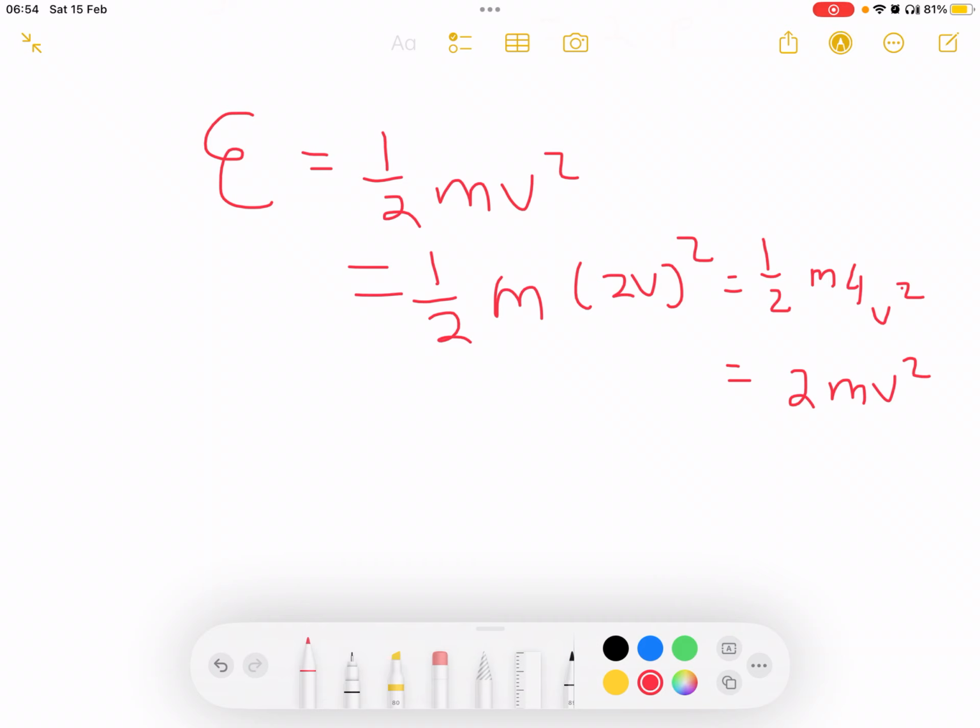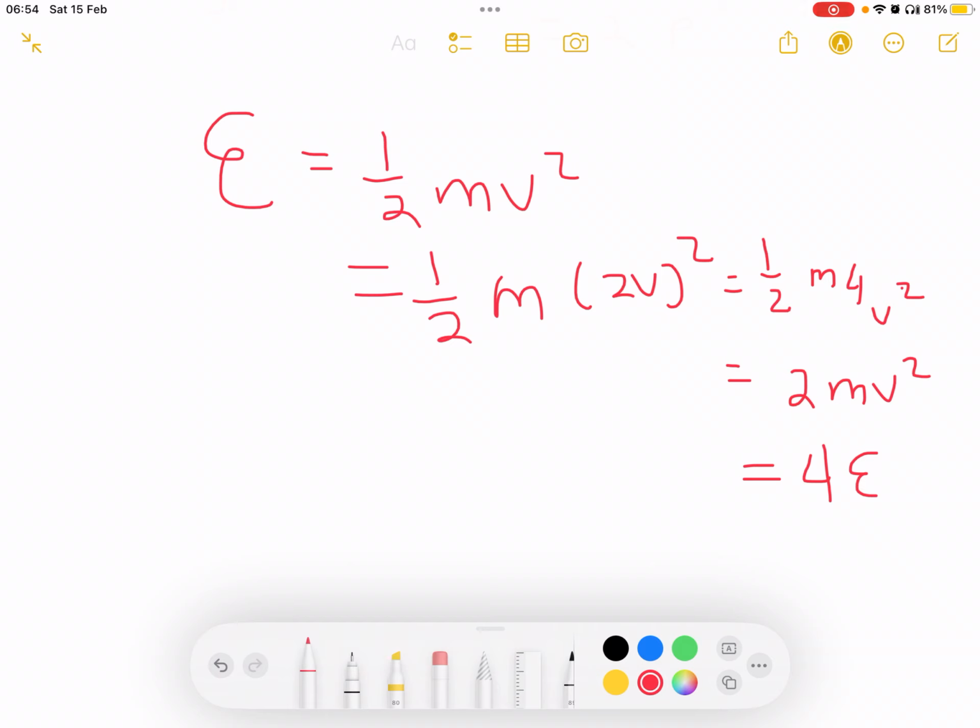Remember that E is half mv squared. Now how many half mv squared are in 2mv squared? That's 4. So this is 4E. Basically, you would quadruple the kinetic energy and double the momentum.